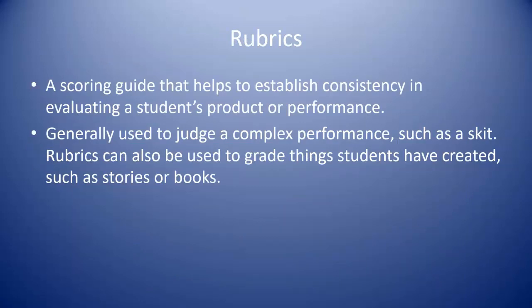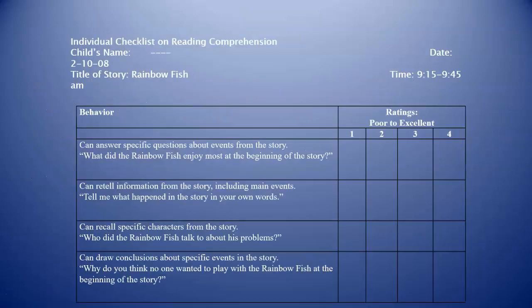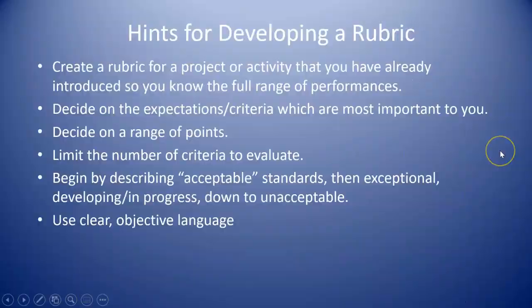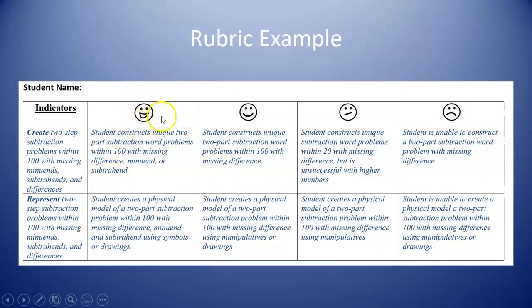Rubrics are what we will use for our higher level objective small group lesson plan, okay? Rubrics give us more information. They're similar to rating scales, except that if this were a rubric, instead of just having 1, 2, 3, or 4, there would be specific criteria that goes along with that 1, 2, 3, or 4, all right?